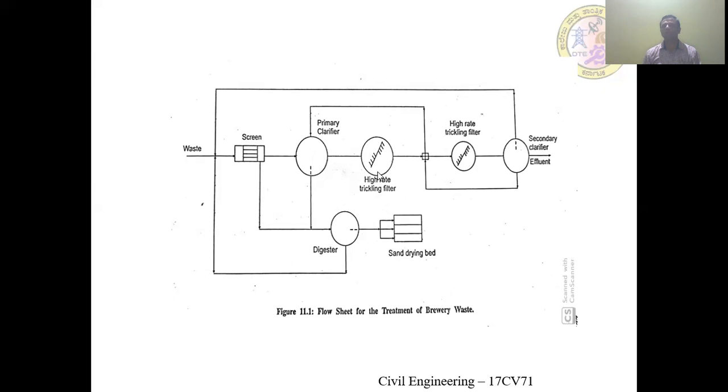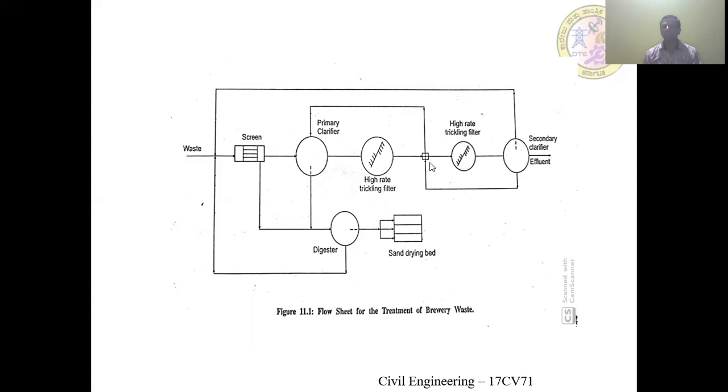Then you go for high rate trickling filters. In the first stage, you remove some amount of BOD. Instead of recycling, you go for one more high rate trickling filter to remove 90 to 94% of BOD. Then the effluent is discharged.